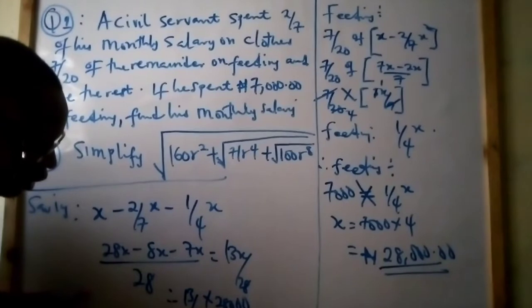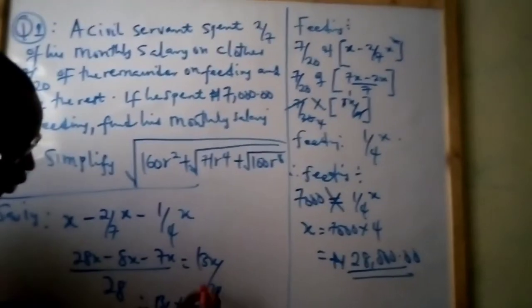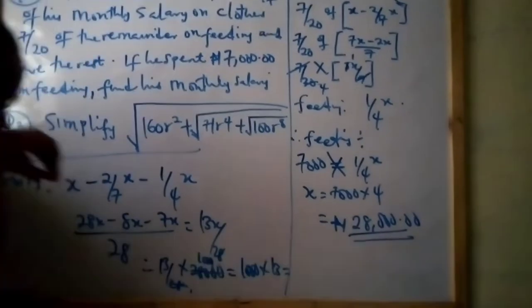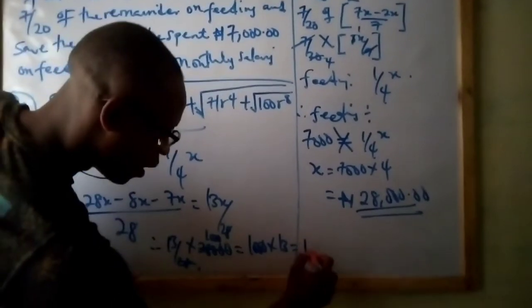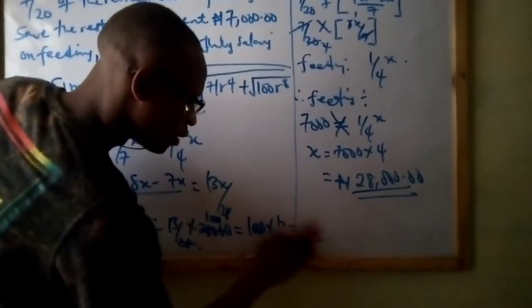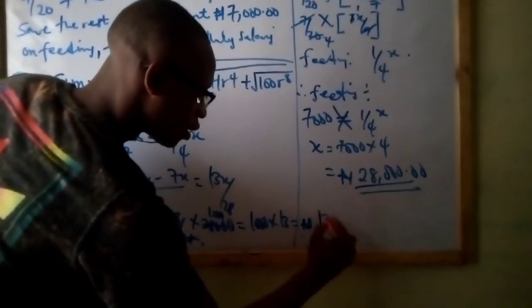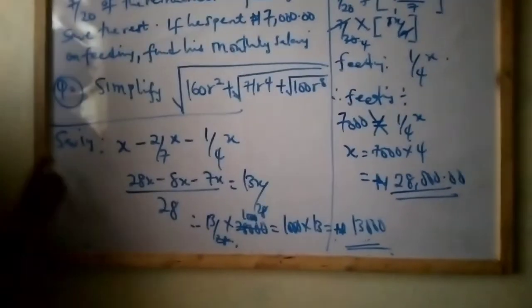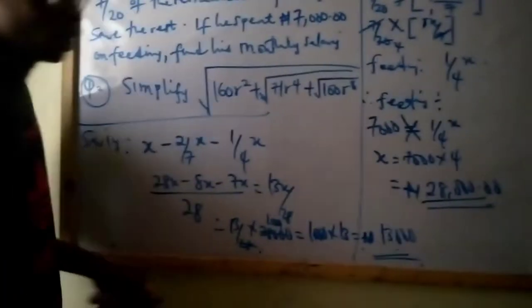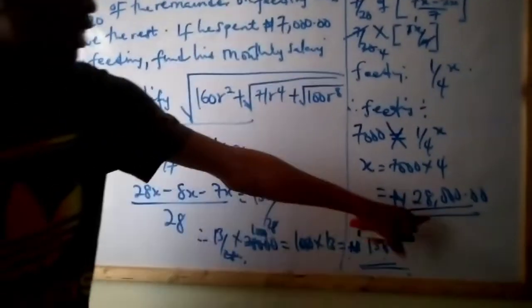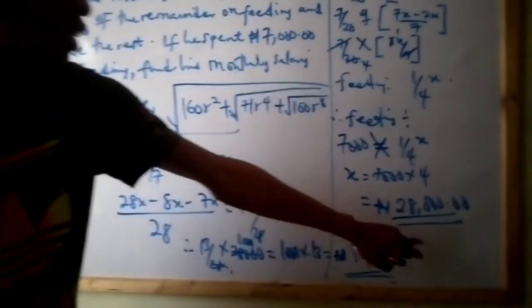So 28 into 28 is 1, 28 into 28,000 is 1,000, and that will give you 1,000 times 13, which is 13,000 naira. So that will be the amount of money that you will have saved. But we are not asked to get this, so I just want to introduce that in case they ask us to find the savings. The amount we have to calculate is his monthly salary, that is all.